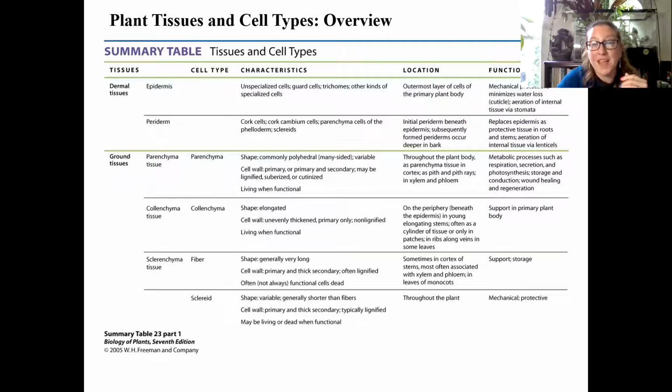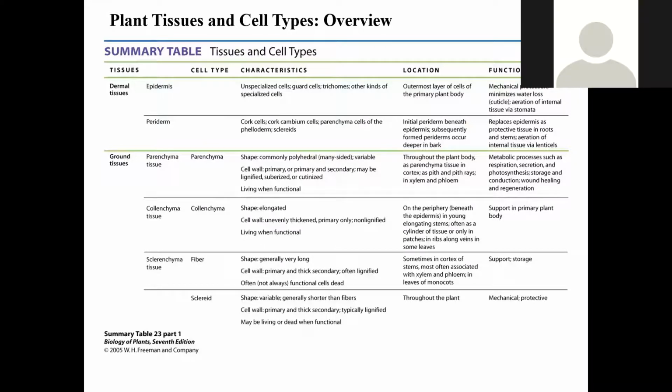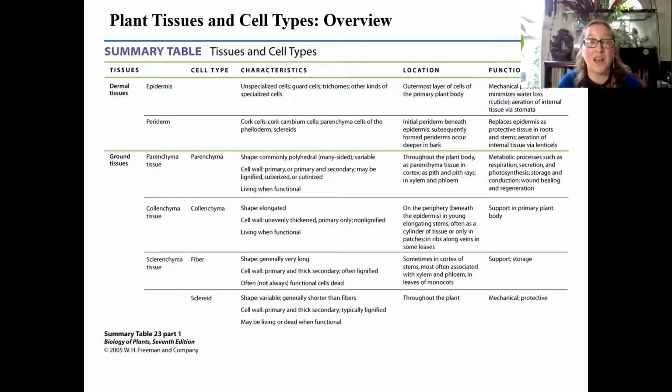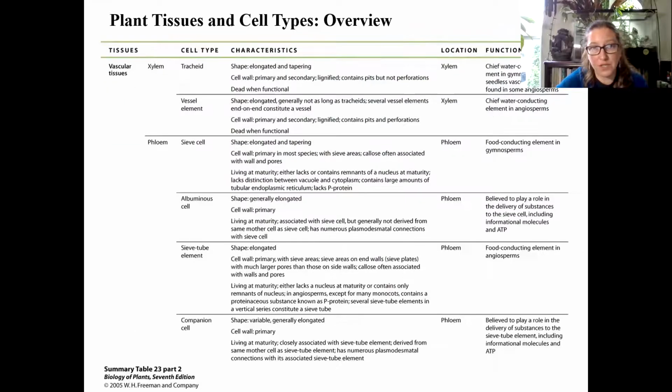You might find this other summary table of all different cell types helpful, you might not. Things like parenchyma, sclerenchyma might be useful in lab, but this is just for your reference.